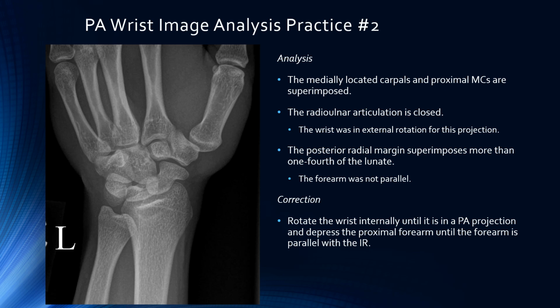The wrist was in external rotation for this projection. The posterior radial margin superimposes more than 1/4 of the lunate. The forearm was not parallel. So for correction, rotate the wrist internally until it is a PA projection and depress the proximal portion of the forearm until the forearm is parallel with the IR.